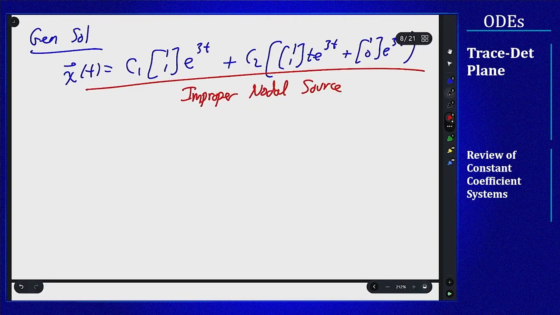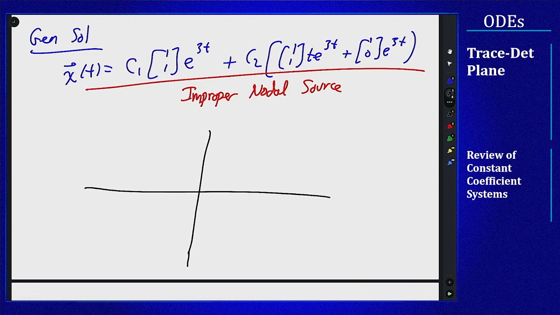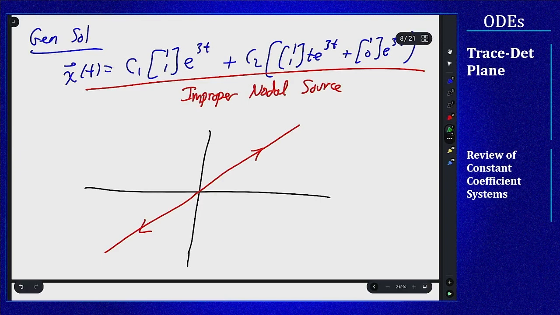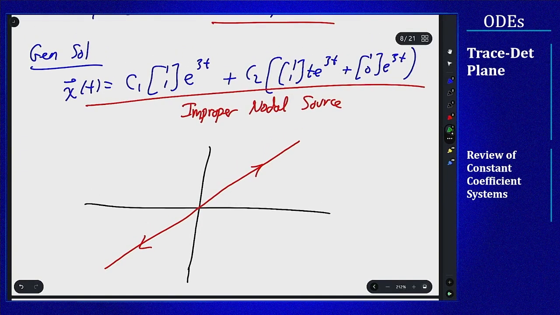For the phase portrait, we first want to draw in our eigenvector and our straight line solution, which is our C1 term here. It's (1, 1) e to the 3t. So along the (1, 1) direction, going away. And now to get the right curvature here, I need to figure out what this second term looks like. Well, if I collapse it all together, I will see (t plus 1, t) e to the 3t.